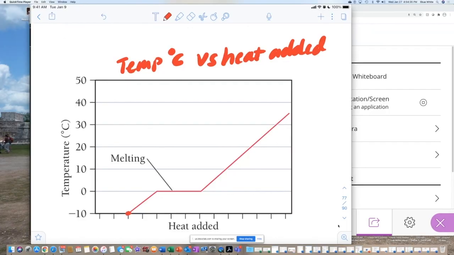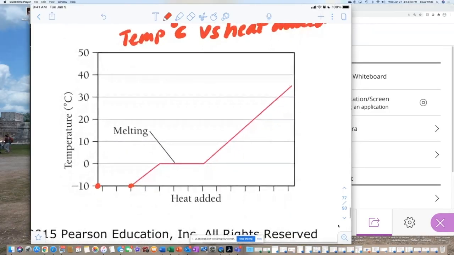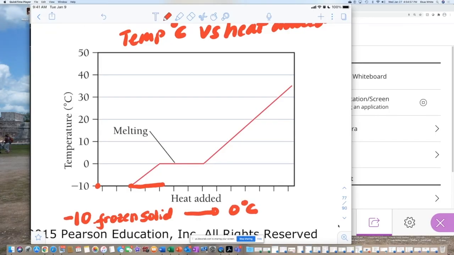So if we're starting at this point right here at negative 10 degrees Celsius, I can say from this picture, we're starting from negative 10 where you probably have a frozen solid. And as heat is added, because heat is increasing, it goes from negative 10 degrees to 0 degrees Celsius.